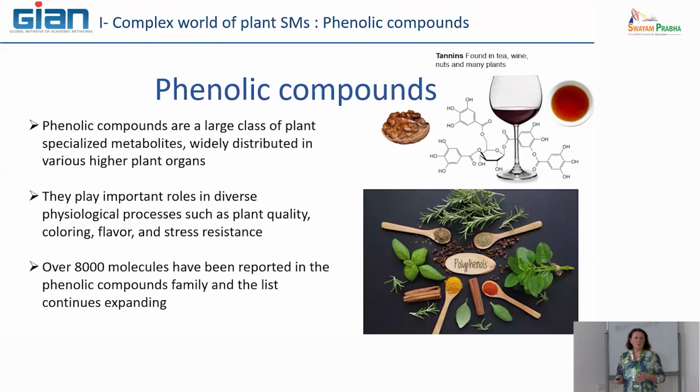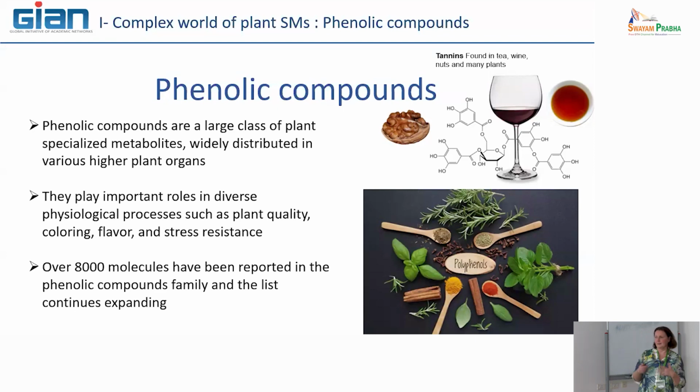It is also one of the largest classes, with the terpenes, of these secondary or specialized metabolites, and about 8,000 molecules have already been completely characterized and reported as phenolic compounds. And what is true is that each year new compounds are characterized and increase this list.